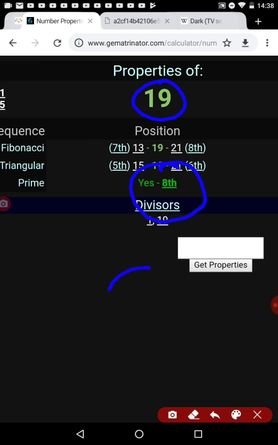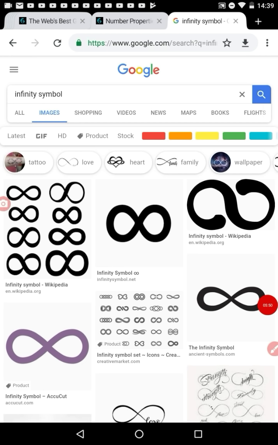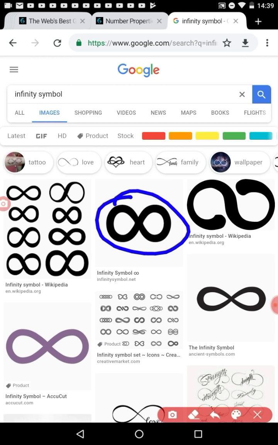Draw an 8 like that, don't you? Spin that on its side, you get the infinity, space-time again. 19 being the 8th prime, 8 on its side, the infinity symbol. Time and space constantly going round and round.